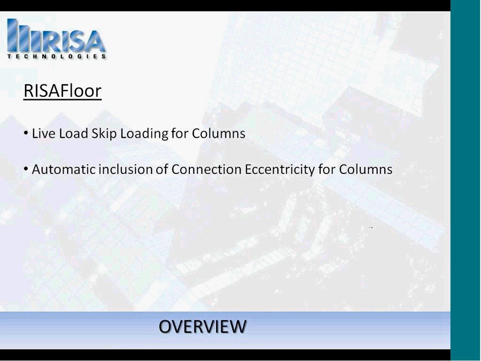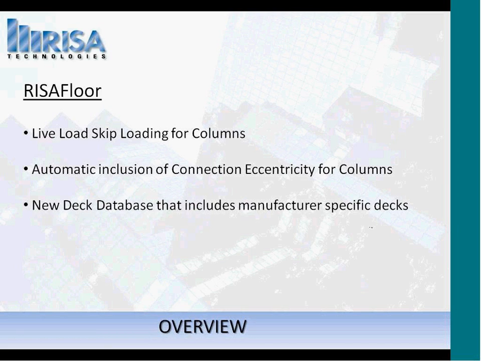For example, a beam would frame into the flange of a column, and we're going to set it off by a rigid link. This is a newer feature to RISAFloor. In RISA 3D, you might be familiar with rigid end offset. This is very similar to that, but it's a little bit more automatic in RISAFloor.